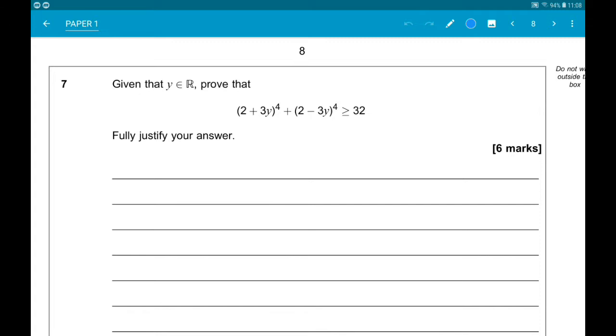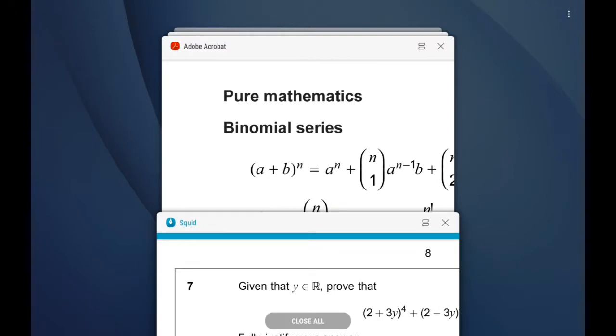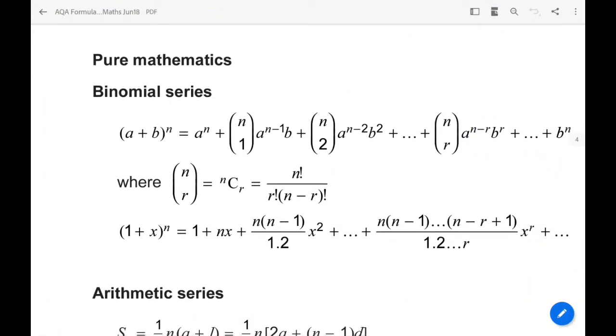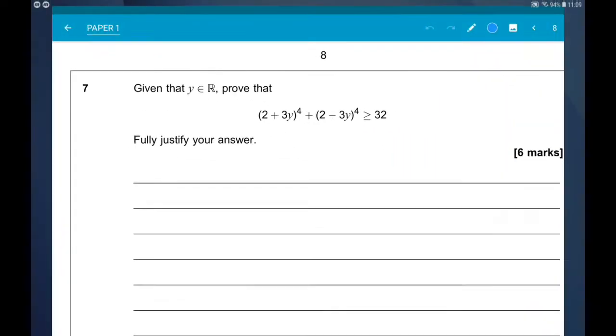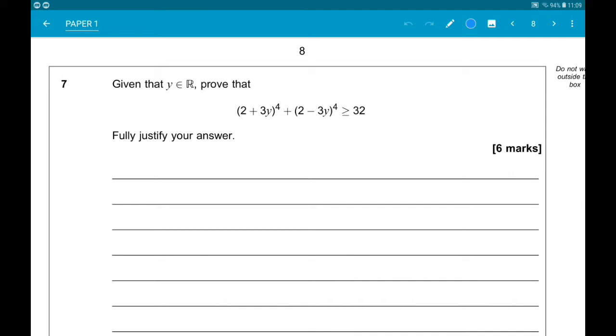Okay, so what we're going to do is do both of these expansions and hope something good happens. So you are given the binomial expansion formula. To be honest, with small powers like 4, I think it complicates things. So I'm going to do this using the pattern. The formula sheet there is linked down below for anyone that wants it.